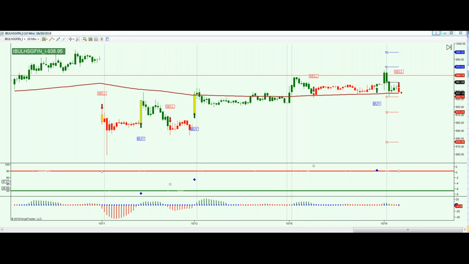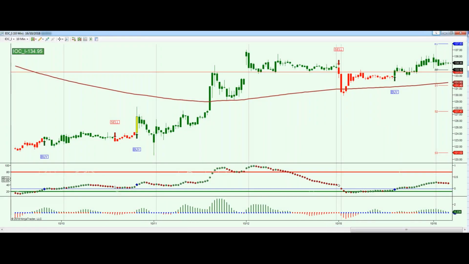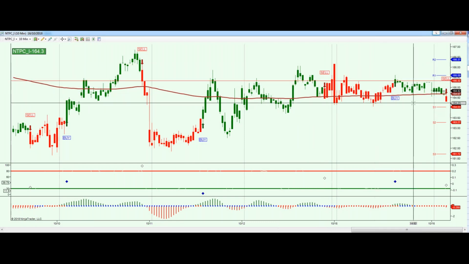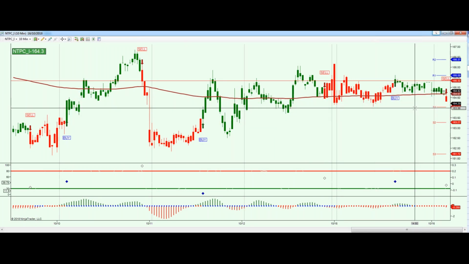So these are some of the calls. I think I have a call in NTPC. Let me show you that. I have a sell call in NTPC. I put it as buy, which did not get triggered at 166. So what I do is I short it at 164 or below this S1 level, that is 163.90.